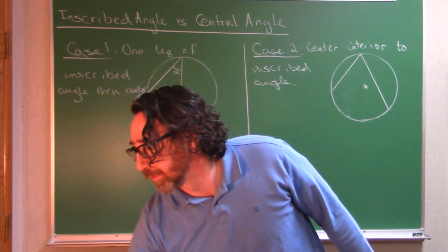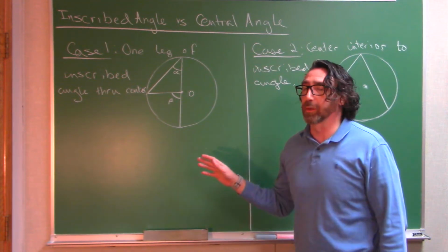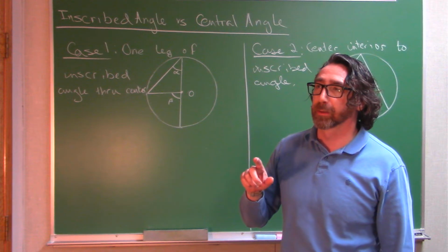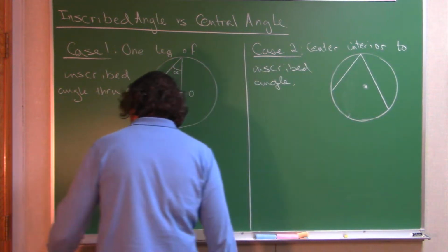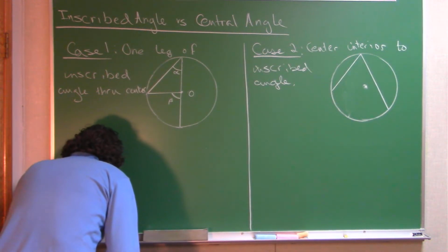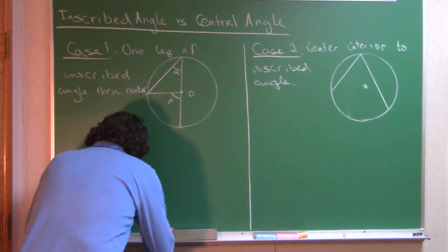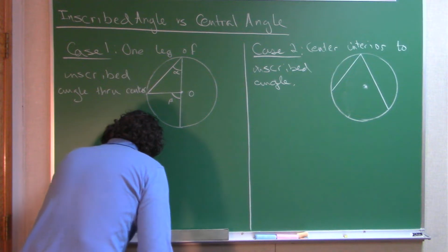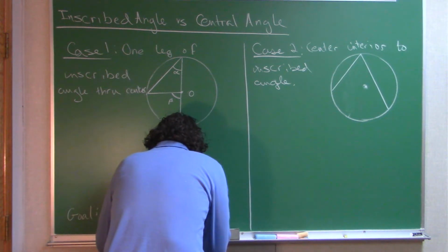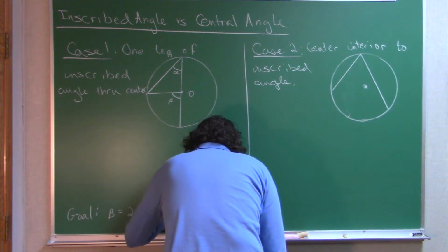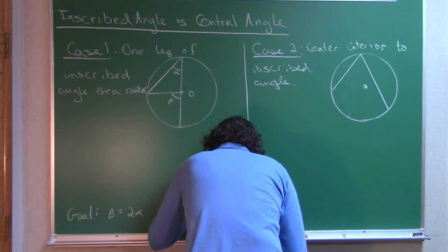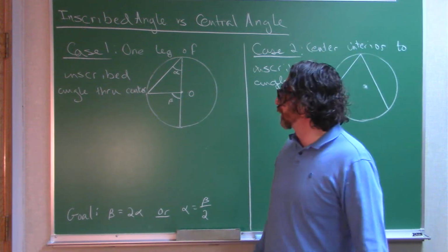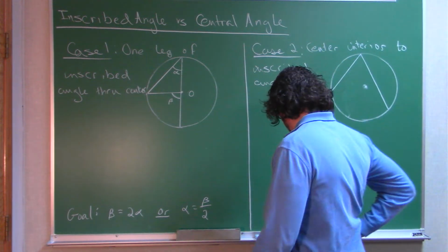Okay, so my goal is to prove that beta equals 2 alpha, or equivalently, alpha equals beta over 2. That's what I want to say. Okay, now, how do I get there?